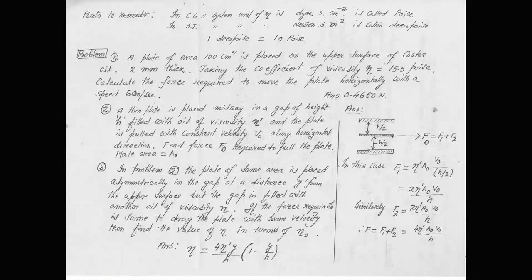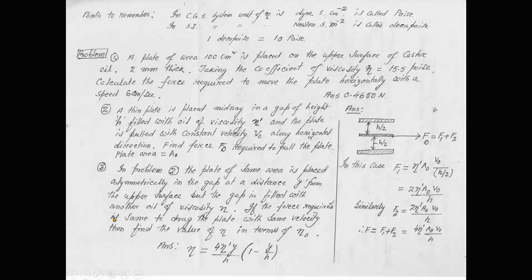Now, after discussion of all the chapters, all the sections, I have framed a new problem for you. In problem number 2, the plate of the same area is placed asymmetrically in a gap at a distance y from the upper surface, but the gap is filled with another liquid of viscosity eta.